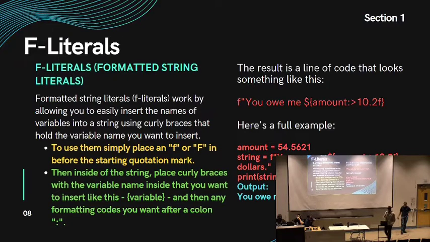Okay, so I already asked you guys this, but most people still don't remember how to use f-string literals, but they can be really useful because it's really easy to use. I personally forgot about it for the entire first year. The way you use it is very simple. Just like the format function, it allows you to insert variable values into the string.